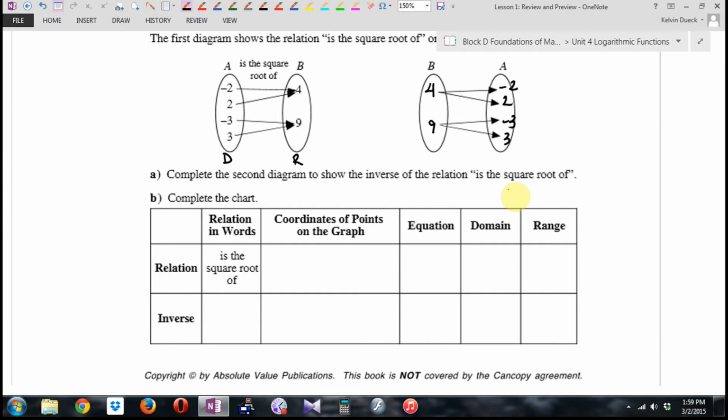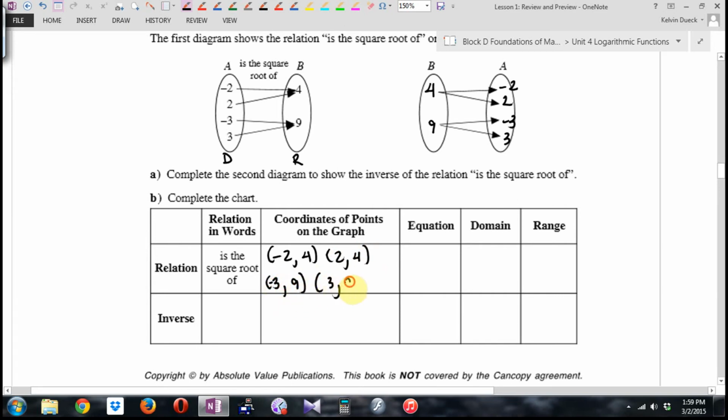And it says complete the chart. In English is the square root of, here's what I'm really talking about. The points are negative 2, 4, positive 2, comma 4. Negative 3, comma 9, positive 3, comma 9.